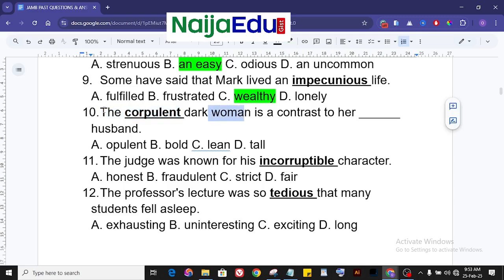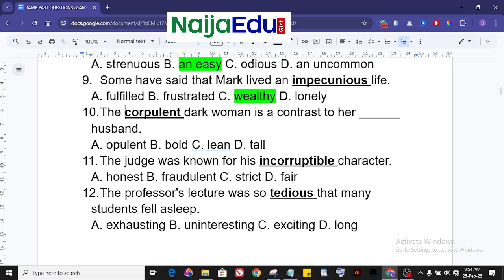When you try to understand the full meaning of the sentence, you'll be able to give a particular meaning to the word that is being underlined. So corpulent in this aspect means something that is fat, like saying the fat dark woman is a contrast to her dash husband.